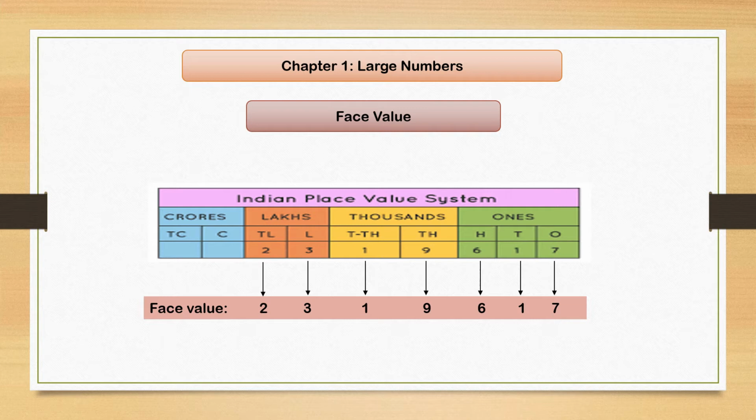Now, what will be the face value of each digit in this number? Face value of 2 will be 2. Face value of 3 will be 3. And so on. The face value never changes for any digit.